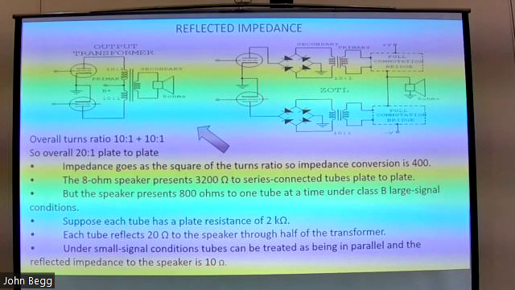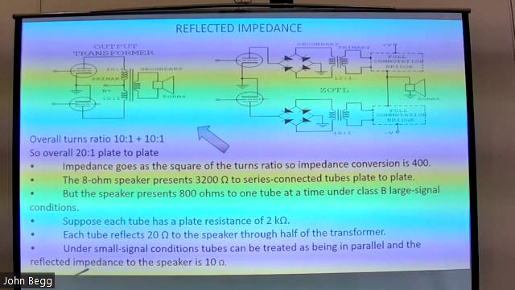The turns ratio of the transformer changes the voltage by a factor of whatever that turns ratio is, and changes the current in the opposite direction by that same turns ratio. Impedance goes as the square of that turns ratio. So that's just a characteristic of transformers.